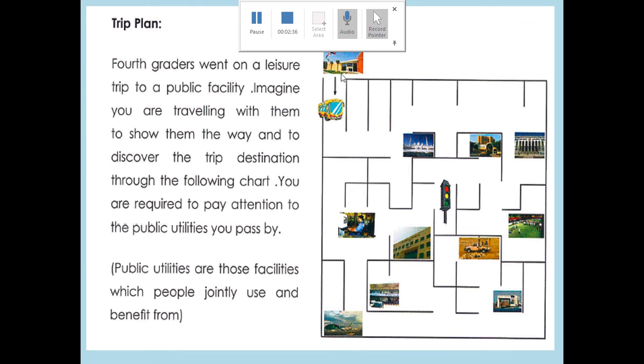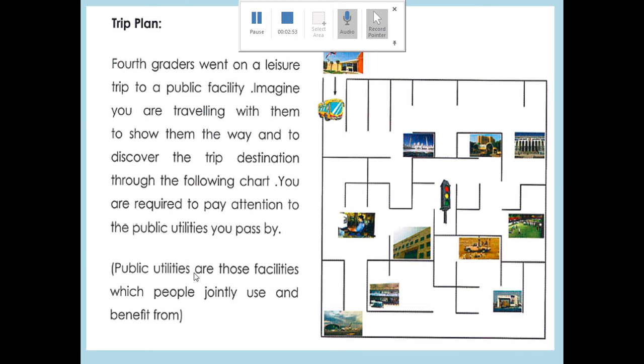So follow the chart from the beginning until the end, where they reach their last destination. You are required to pay attention to the public utilities that you might pass.